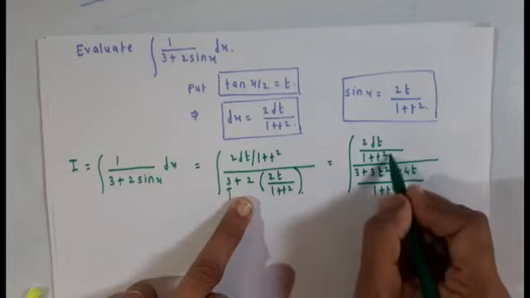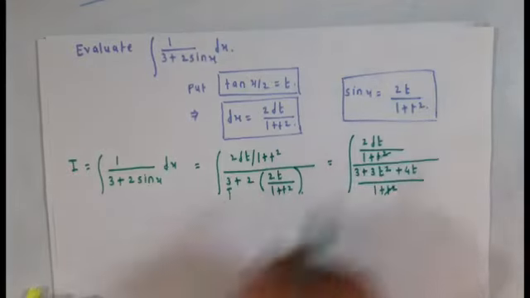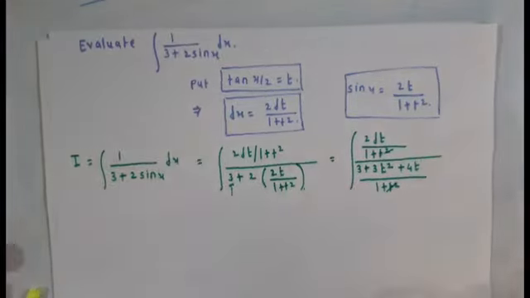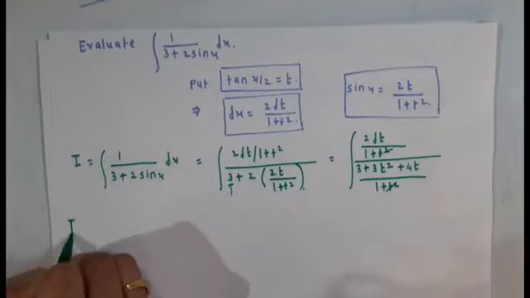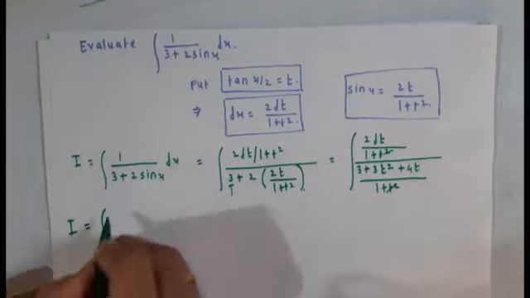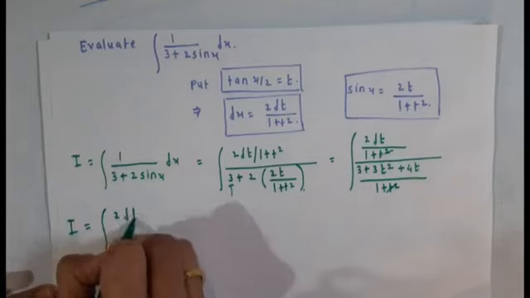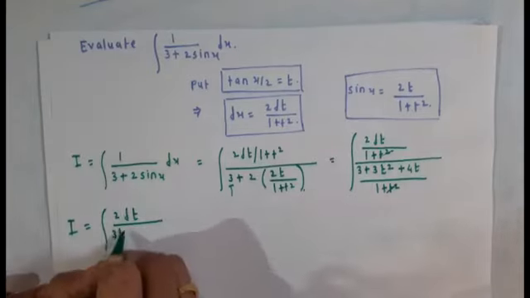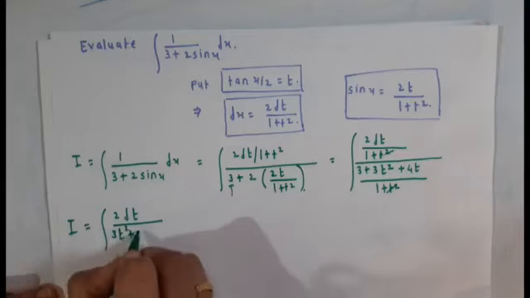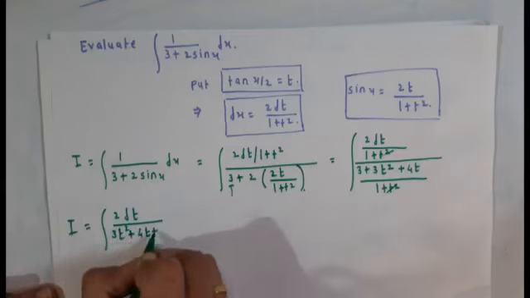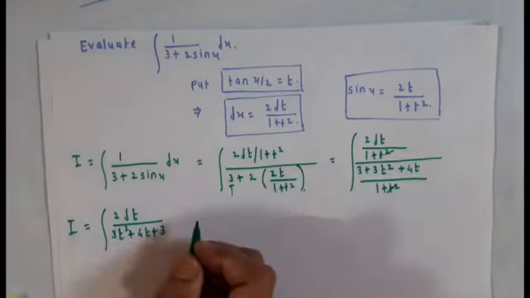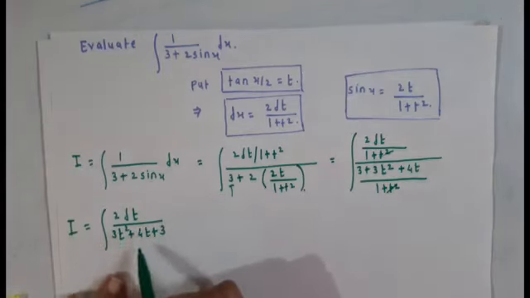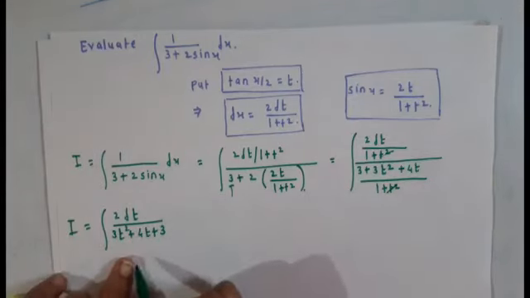Okay students, the common terms get cancelled, and here the integration I equals 2 dt upon 3t square plus 4t plus 3, and this is our integration. This is a special type of integral.